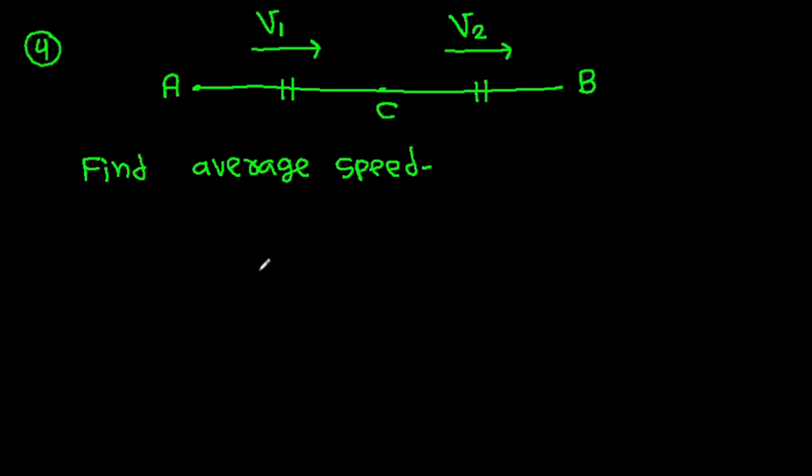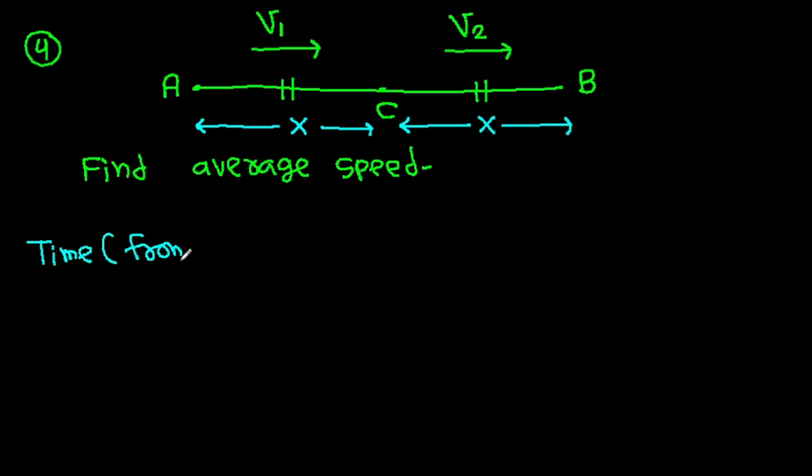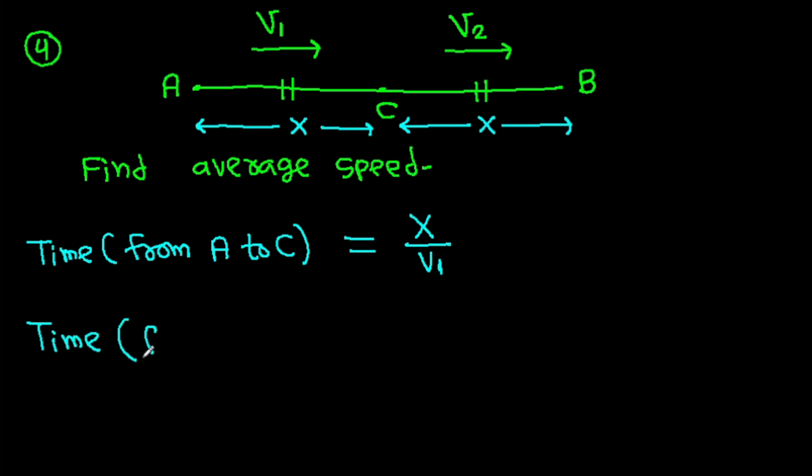So if this distance is x, then this distance will also be x. And now time from A to C is distance divided by speed, and time from C to B is distance divided by speed.